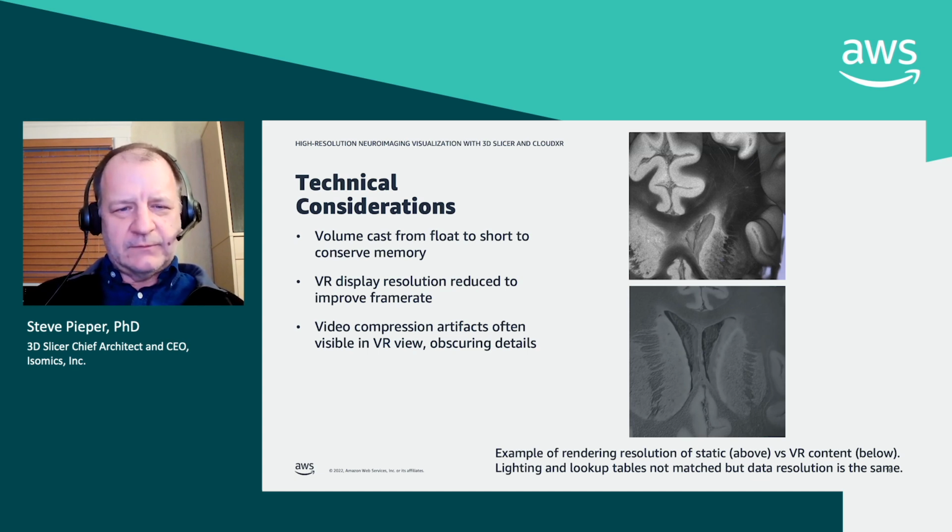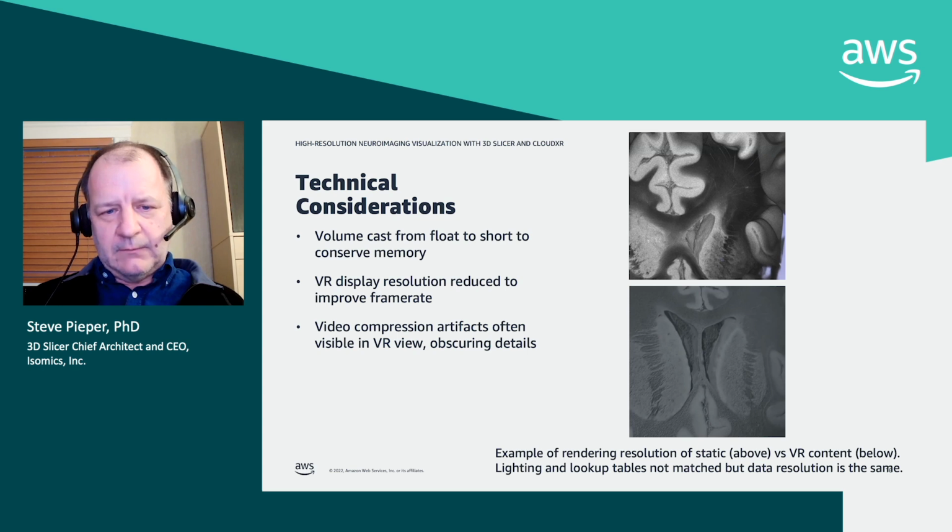Obviously, there are some things to figure out about the VR environment. We did have to downsample, or turn down the resolution a little bit on the rendering, to get better frame rate. That may have been because of the graphics card with this size data or the video encoding. But in any case, it still looks really sharp, but not as sharp maybe as it could be.